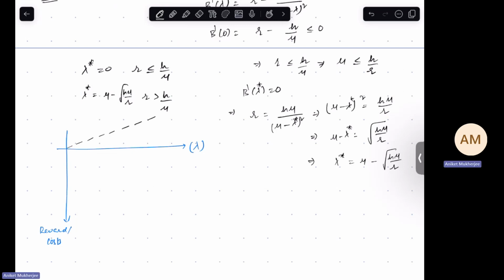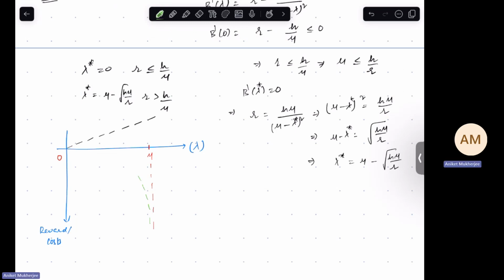So cost of waiting, we know that you can go only till mu, 0 and mu. The closer that lambda is to mu, the more you have to wait. If lambda equals mu, the waiting cost goes to infinity. So basically you have waiting costs.